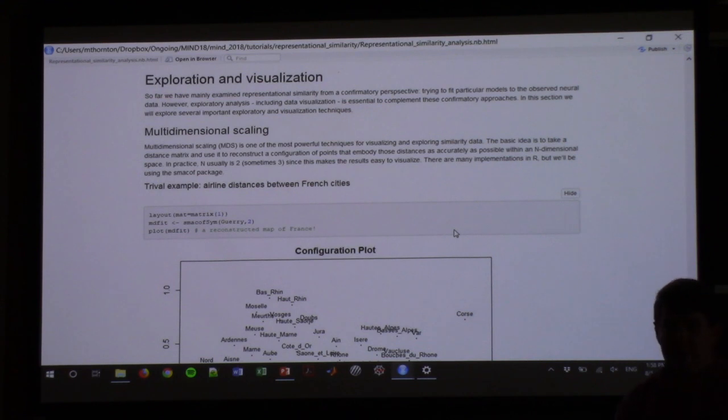This is an algorithm that basically takes in a distance matrix and tries to project all the points into an n-dimensional space where n is usually 2, because that's easy to look at, and do so in such a way that it preserves all the distances between the different points. So this is a really nice example to, I think, get the intuition.